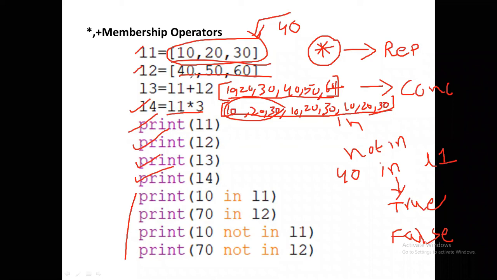It returns false. Why? Because 70 is not in L2. Next, print 10 not in L1. Since 10 is in L1, it returns false. Then 70 not in L2. Yes, it is not in L2, so it returns true. That means first true, false, false, true.